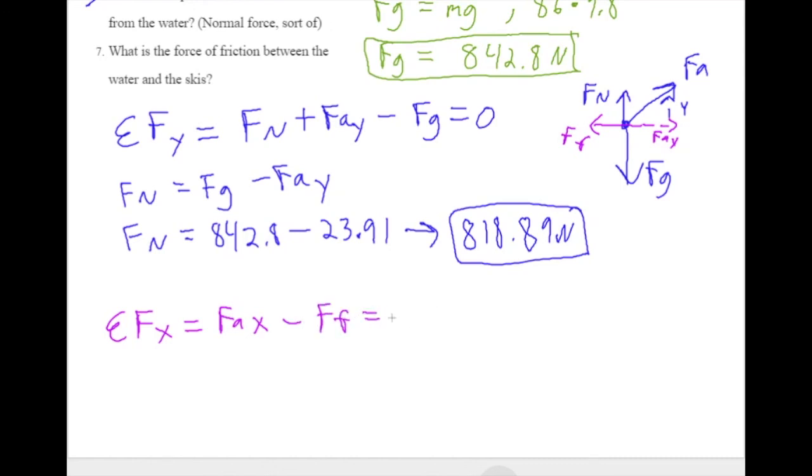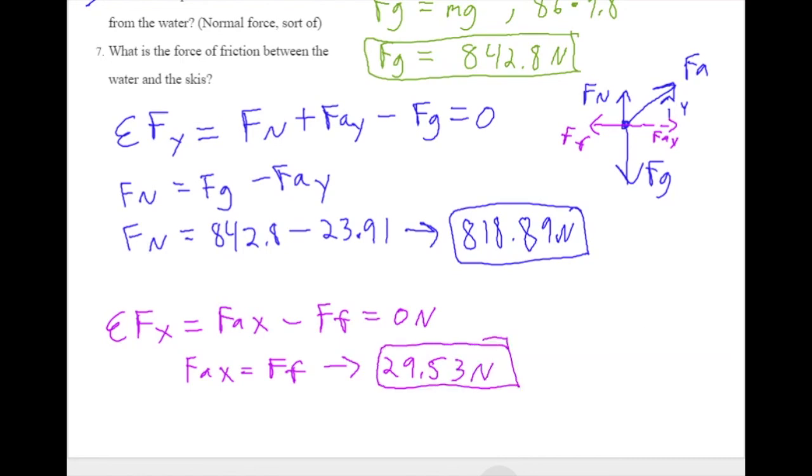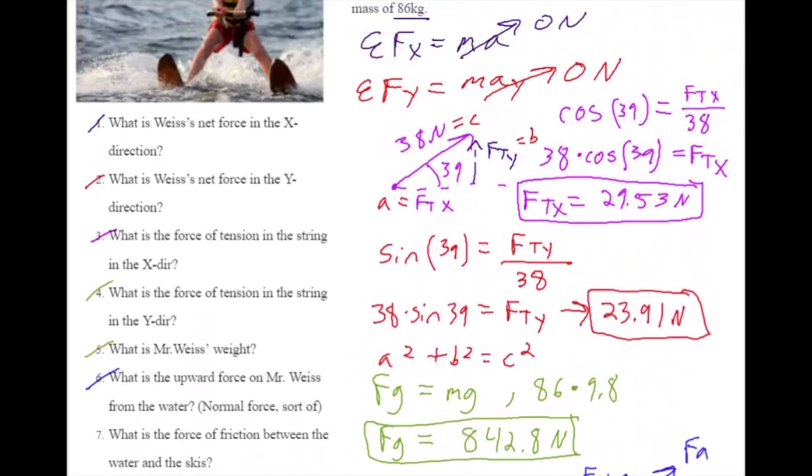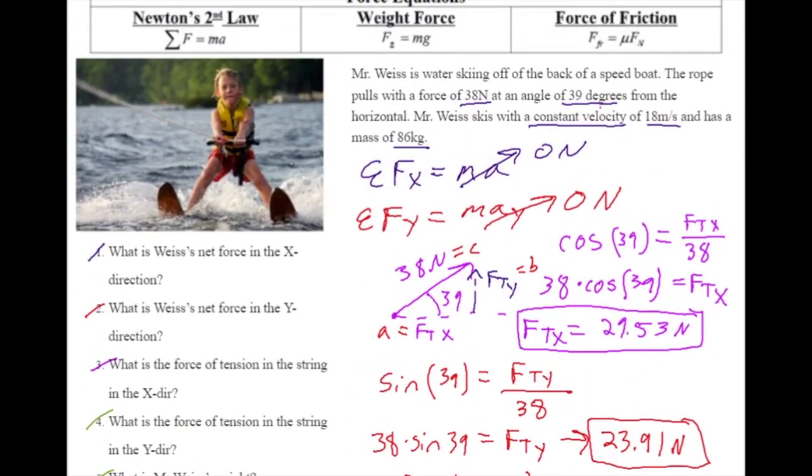Those are going to be equal to 0 because the net force is 0. Therefore, force applied x is really just equal to force friction. We already solved for force applied x, so that means that force friction is just equal to 29.53 newtons. And again, the reason why we knew all this is because of these two simple words up here, constant velocity.